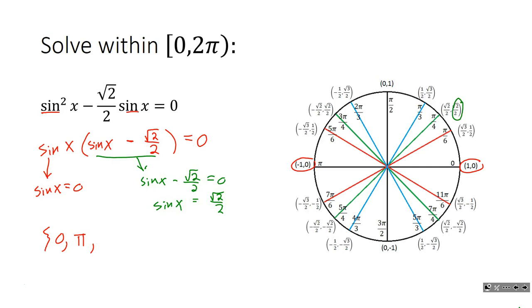Notice we would have it in quadrant 1 and in quadrant 2, and the angles there are pi over 4 and 3 pi over 4. Since we're just looking within one revolution, those would be all of our solutions.